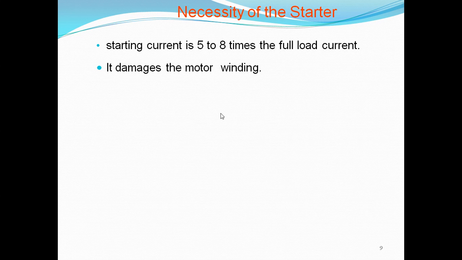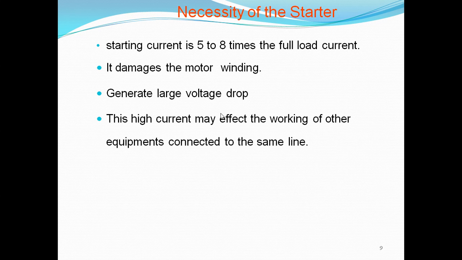So starting current is 5 to 8 times the full load current. This high current will damage the motor winding and generate a large voltage drop. High current may affect the working of other equipment connected to the same line.